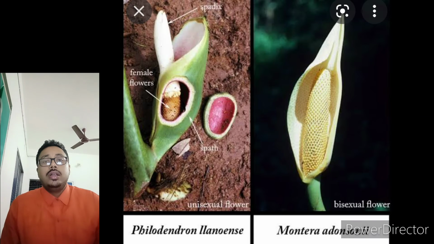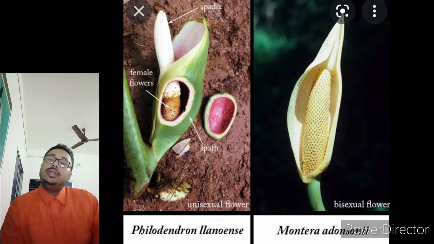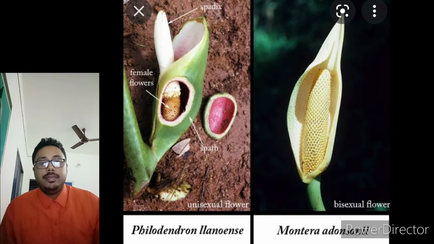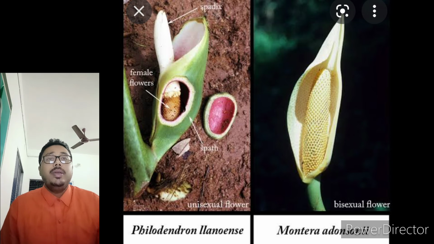Now, if we talk about the sexuality of the flower, there are 2 types of flower, that is unisexual flower and bisexual flower. Unisexual flower means the flower which contains only one sex. One sex means either there will be a male flower or there will be a female flower.